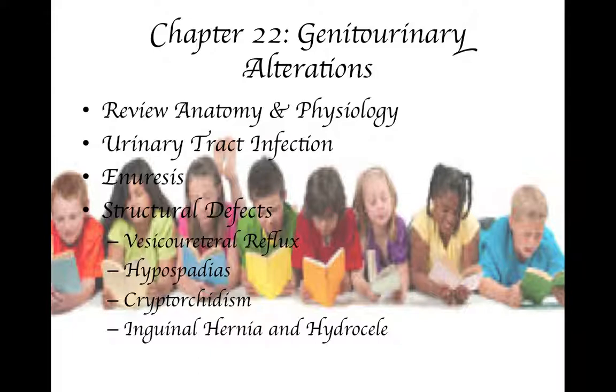Now we'll look at cryptorchidism. This is also known as undescended testes, or UDT, and this is defined as failure of one or both testes to descend through the inguinal canal into the scrotum. It is a common urologic problem.